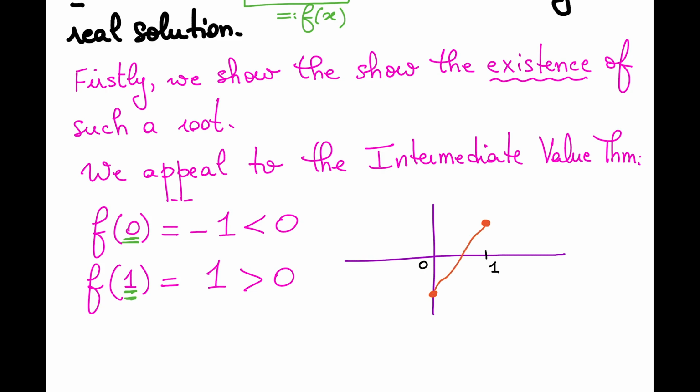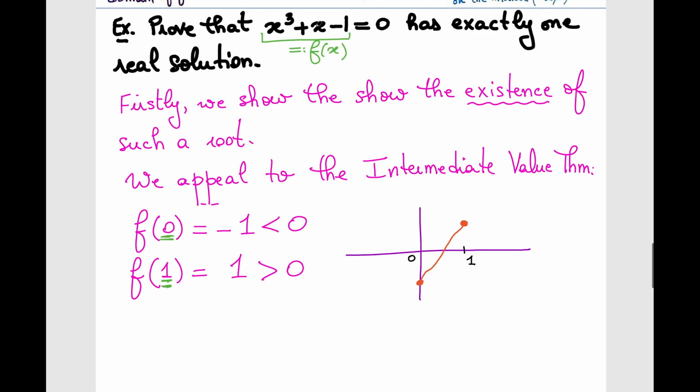Why is it continuous? Because look at f. f is a polynomial, right? So it's a continuous function everywhere, because remember, for polynomial functions, continuity and being well defined are synonymous, right? So wherever f is defined, it is continuous, because f is a polynomial.